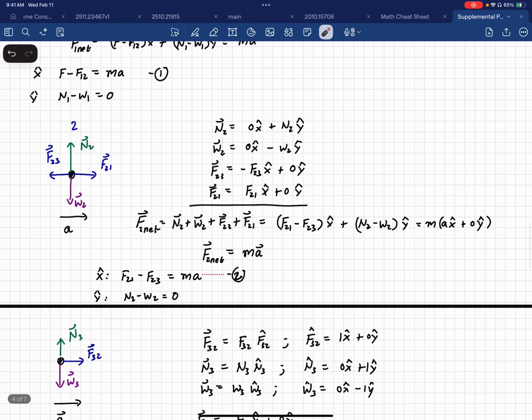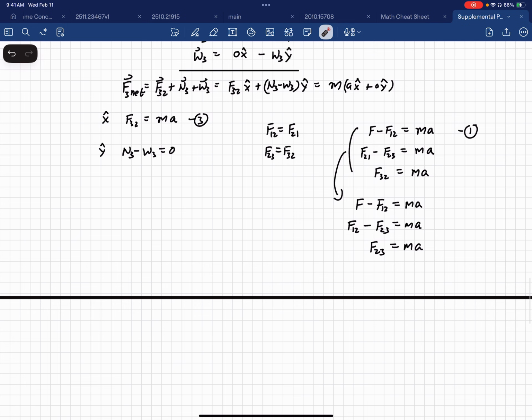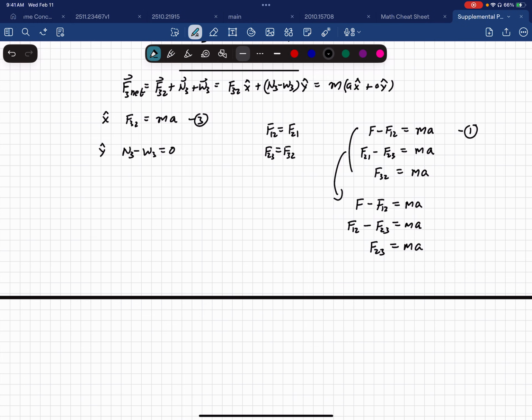Now, in order to do that, we need to find out the acceleration. We already know the mass. We don't know the acceleration. The fastest way to do that is a mathematical technique. We know that all the forces are kind of canceling out. So if I add the equations, what do I get?